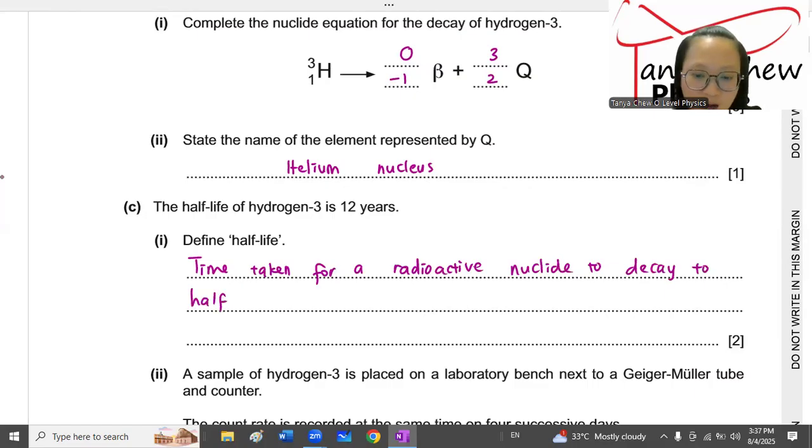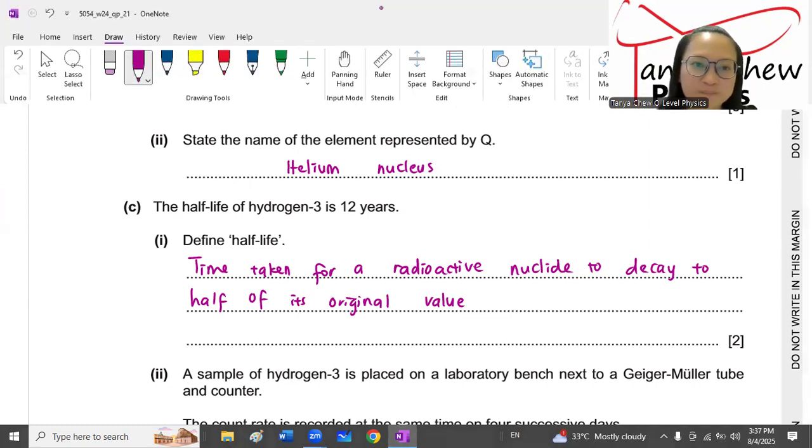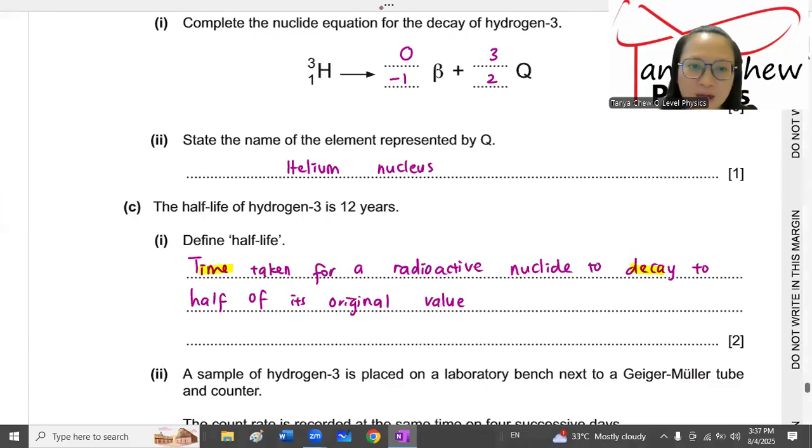I want to see half of its original value, or original number, or original count rate, original activity, it is up to you. So the keywords are: time, decay, half of original value.